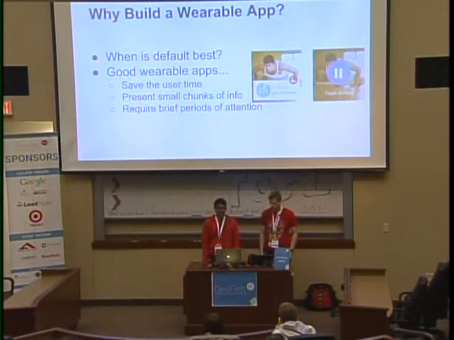Good wearable apps tend to present very small bits of information at a time. So again, going back to the traffic example, you can see roughly how long it might take you to get home on your usual route as compared to, say, detailed traffic information, which, given screen size limitations, is not very useful in most cases on a wearable device.